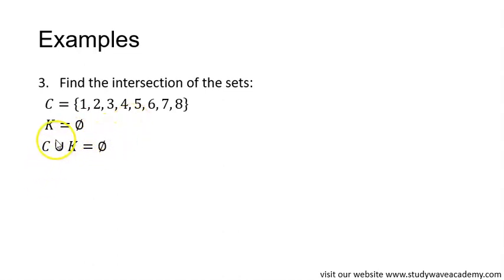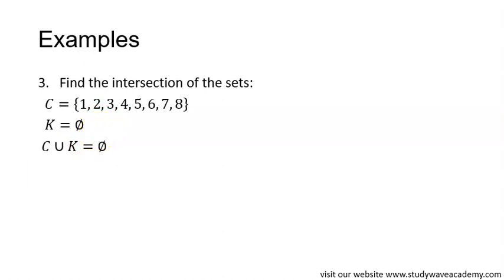Okay, the intersection between C and K, sorry, it's empty. The set is empty because C and K don't have common elements. Do you understand? Do you understand that? C and K don't have common elements, okay?